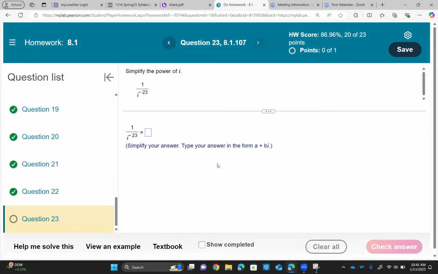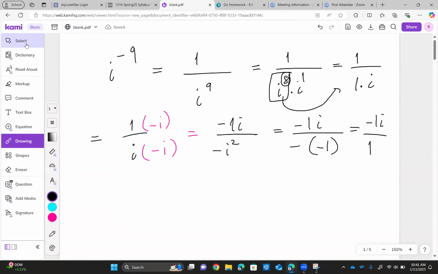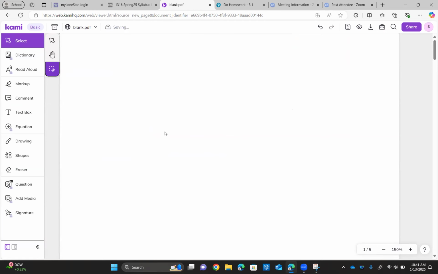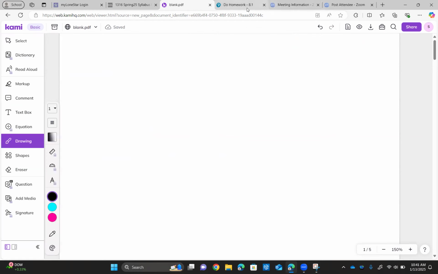The last question on the homework is this: 1 over i to the power of -23. So it's a combination of a negative power and a fraction. So we need to simplify 1 over i to the power of -23.